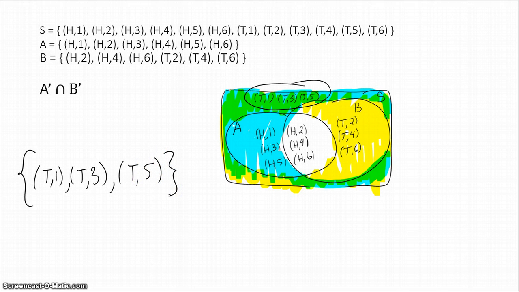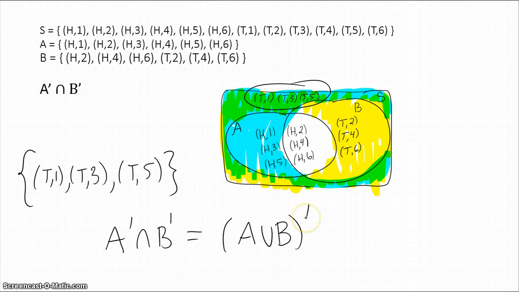And just a note that this is the same as what we saw before, A union B complement. And that was one of the identities we saw in the other video. Just kind of pointing it out one more time. So that brings us to the end of our example.